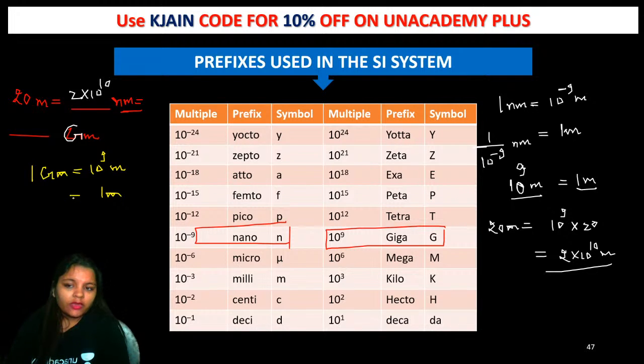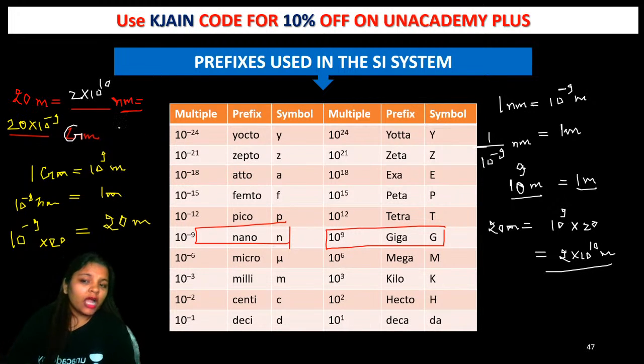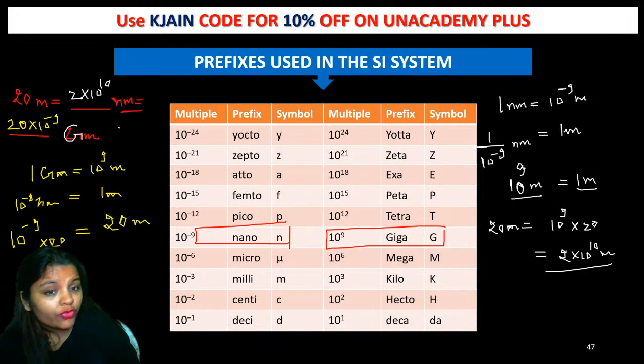So 1 meter will be equal to 10 to the minus 9 gigameter. So 20 meter will be equal to 10 raised to the power minus 9 multiplied by 20. So I got the answer, 20 multiplied by 10 to the minus 9. That's how you have to calculate.